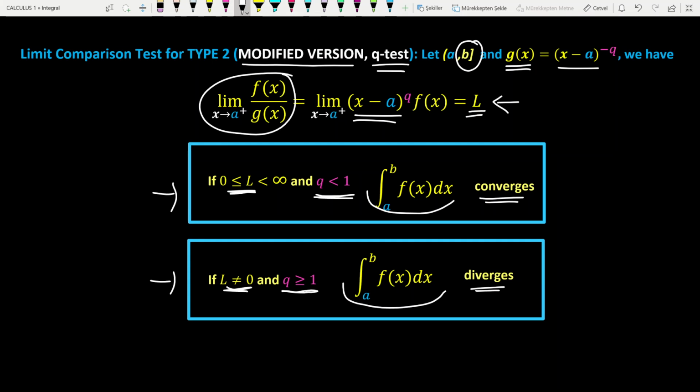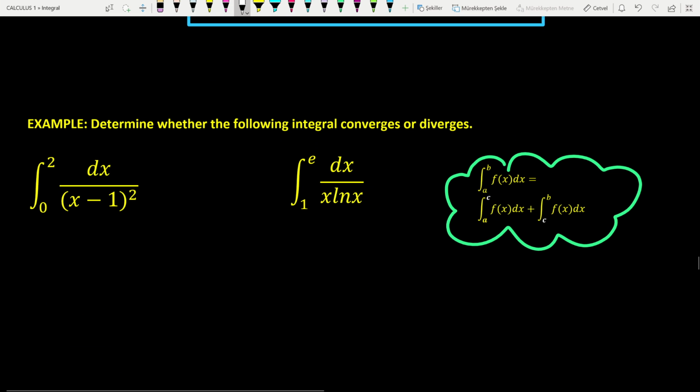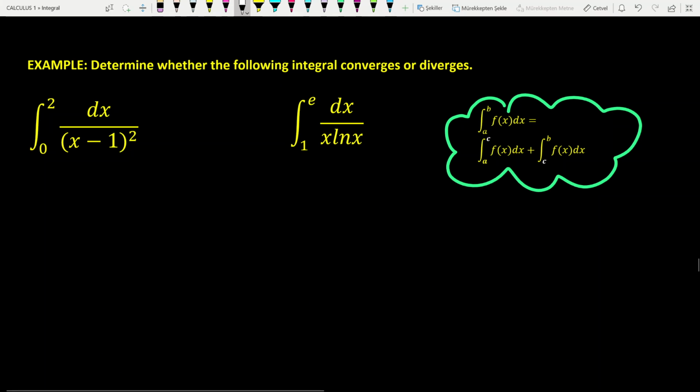Now let's try to understand this test by some examples. Determine whether the following integrals converge or diverge. We have two integrals actually. So what can we say about the first one? Is it an improper integral or not? Yes, this is an improper integral. The point 1, which is in between 0 and 2, makes the denominator 0 and makes the integrand undefined.